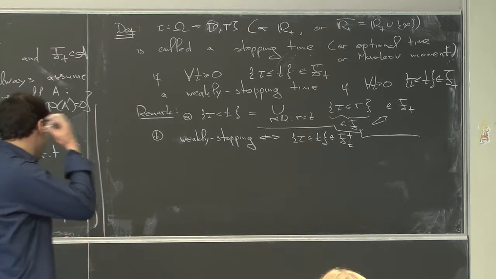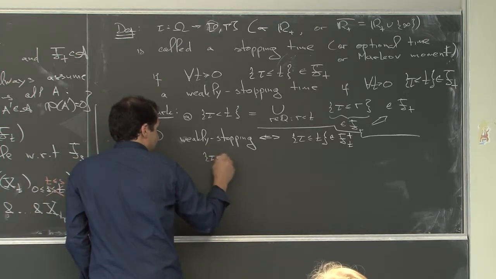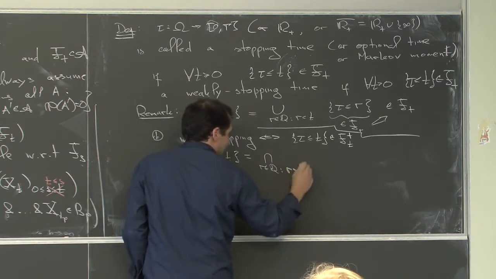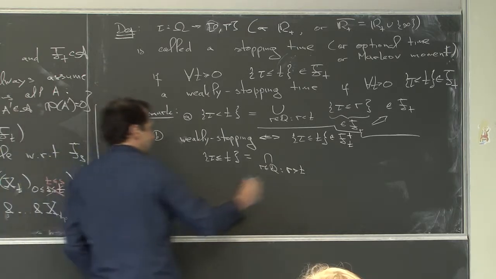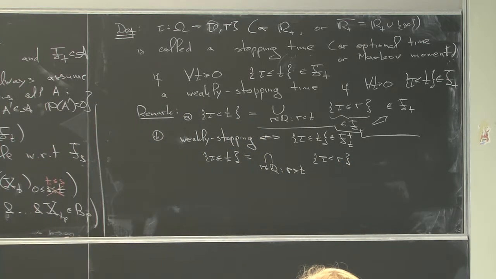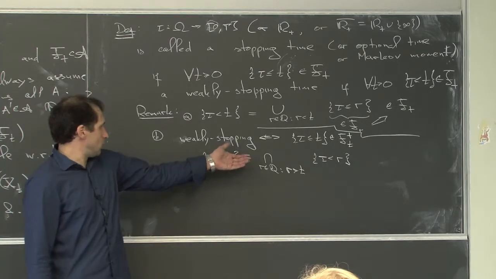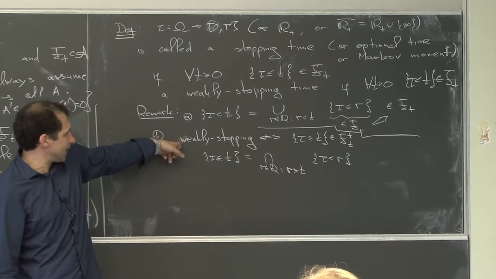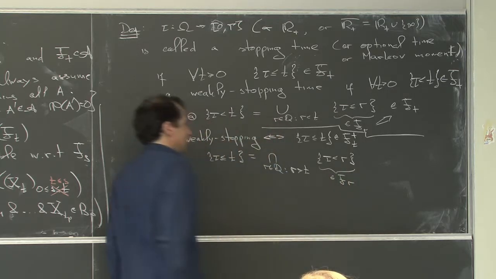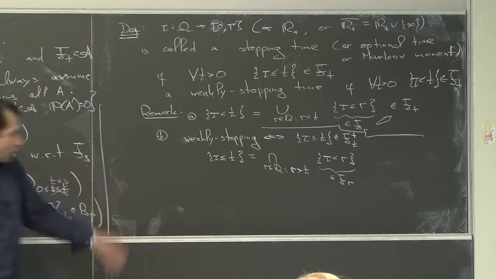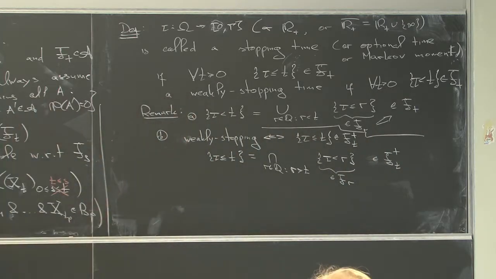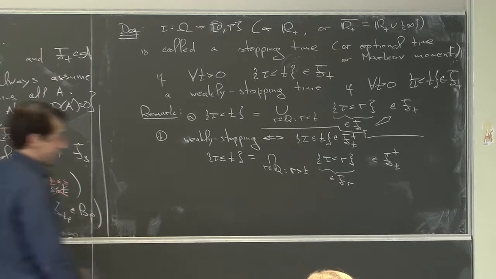Again, it should be something very simple, just because this is an intersection over all strictly larger rationals of the event tau less than r. So if we have a weakly stopping time, then this is measurable in FR, right? But it follows that the intersection of them, because they're nested, is in FT plus.